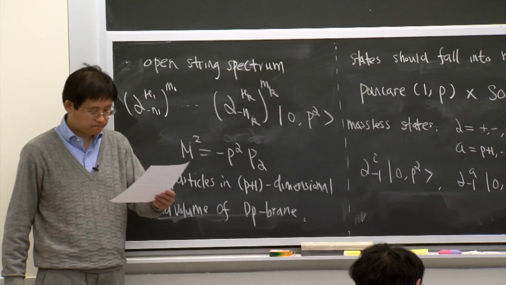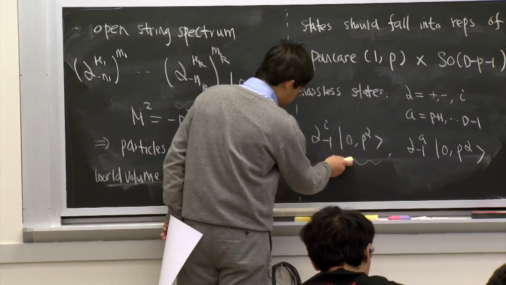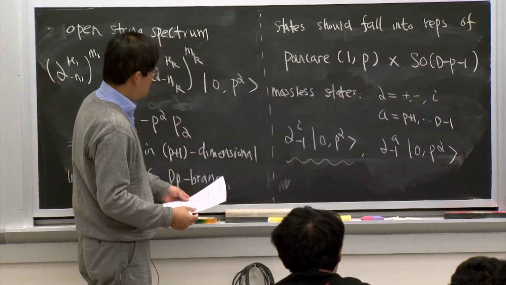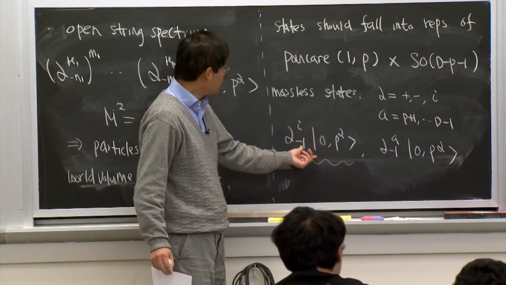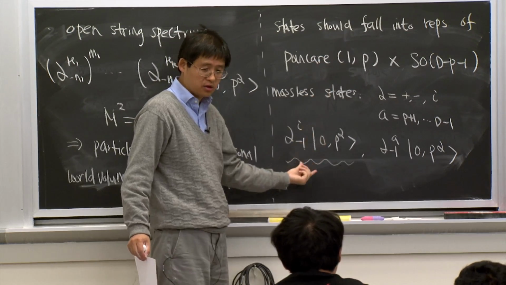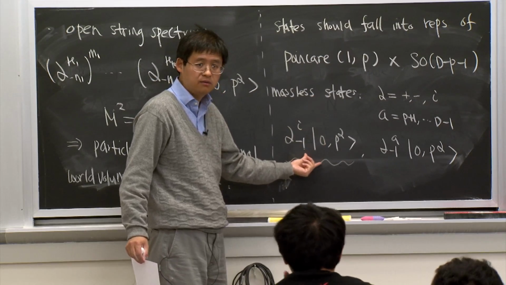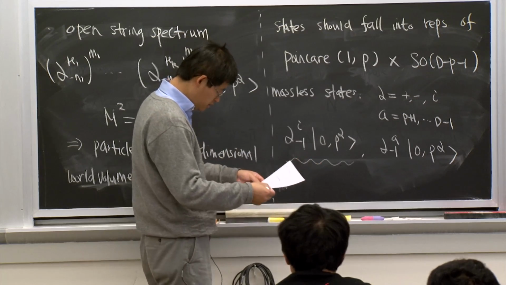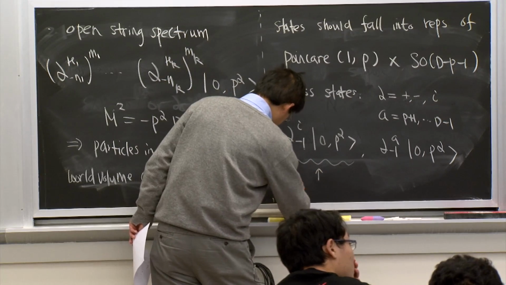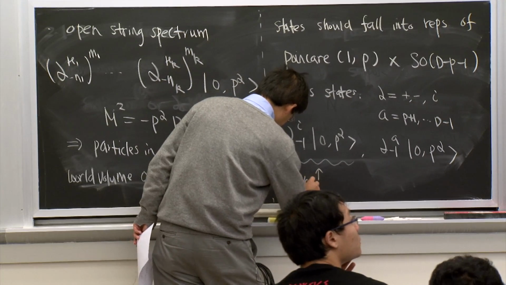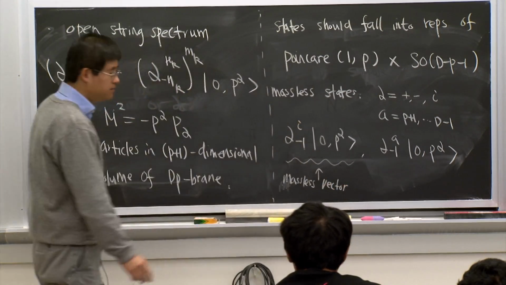Okay. The light cone gauge further breaks this Poincare symmetry to only a subgroup. But you can already see from here, this must correspond to a vector particle. Okay, so this is like a massless vector.